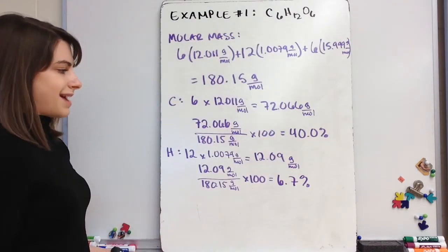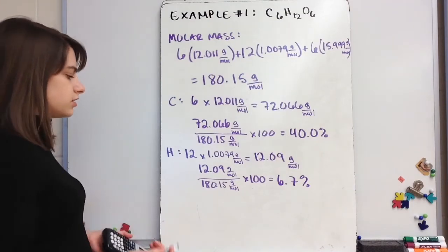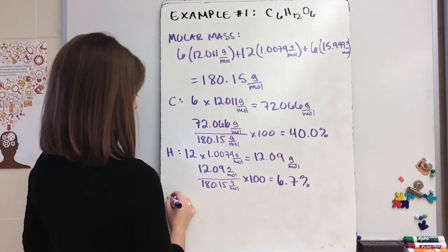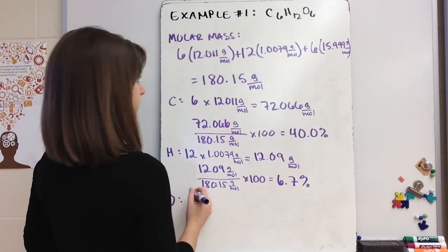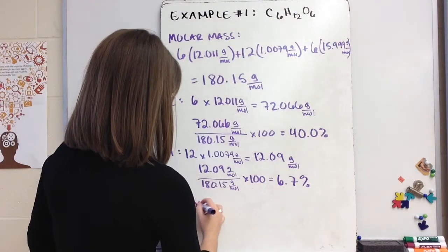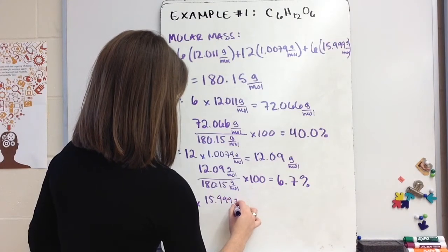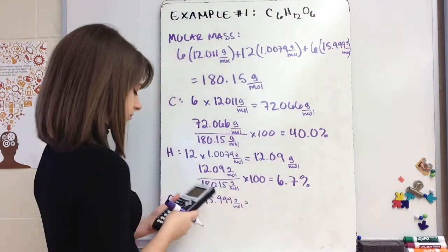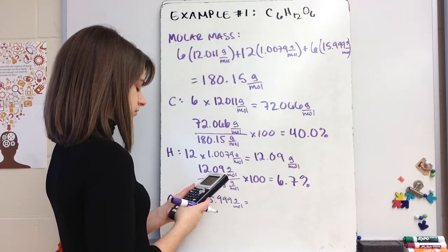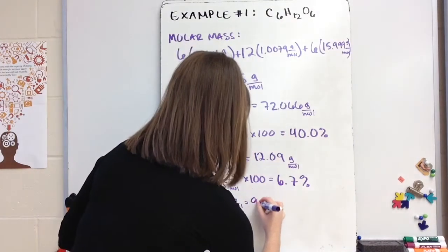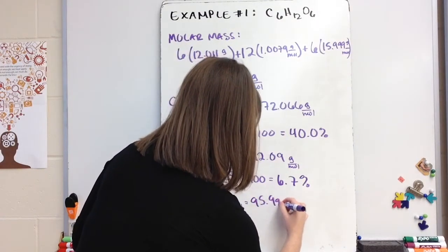So then the remaining mass should be due to oxygen. So let's just check. Let's go ahead and calculate oxygen the long way. I have 6 oxygens. Each oxygen is 15.999. That gets me 95.994.